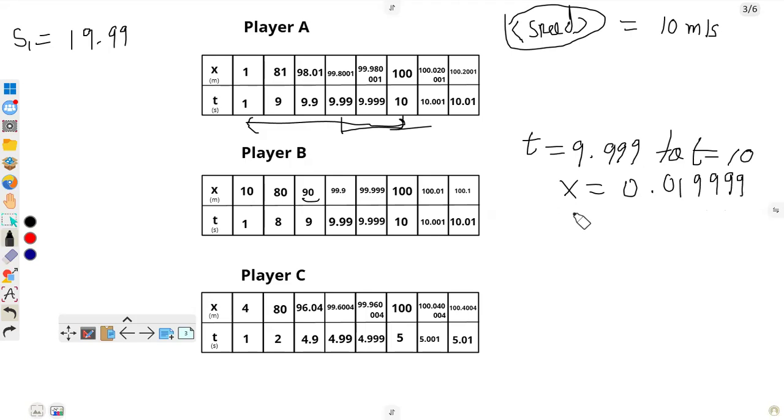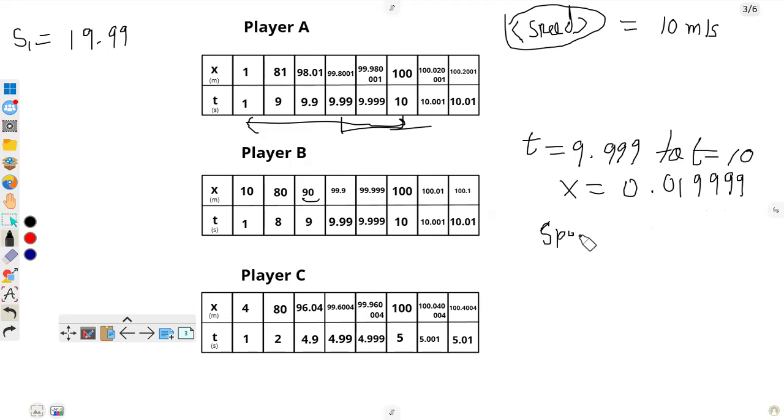Can anyone check? It will turn out to be 0.019999.